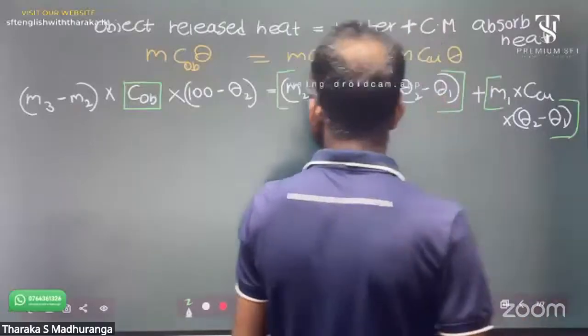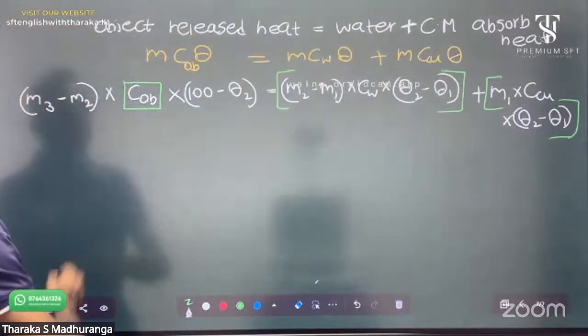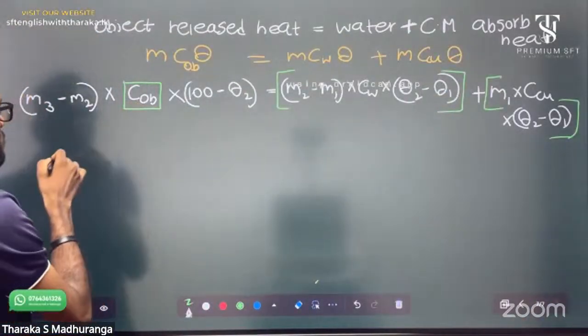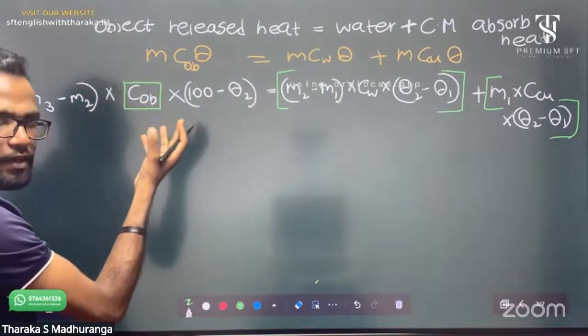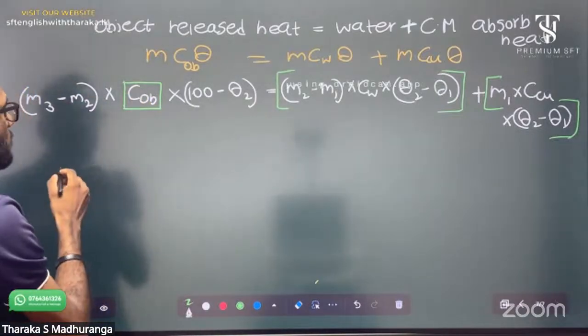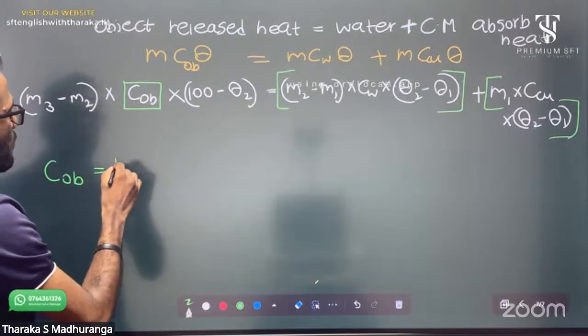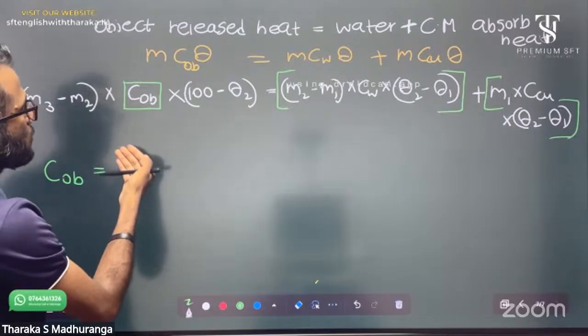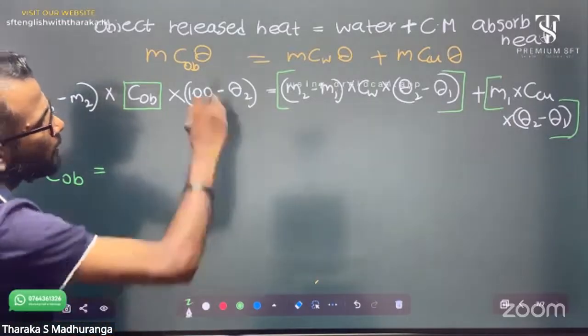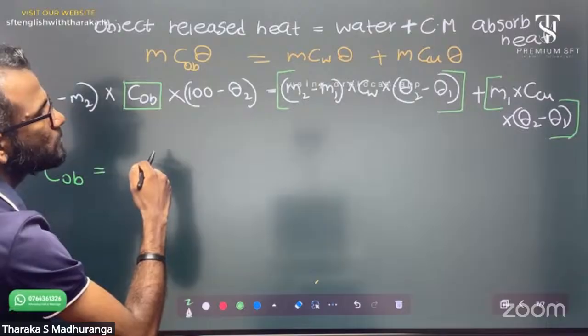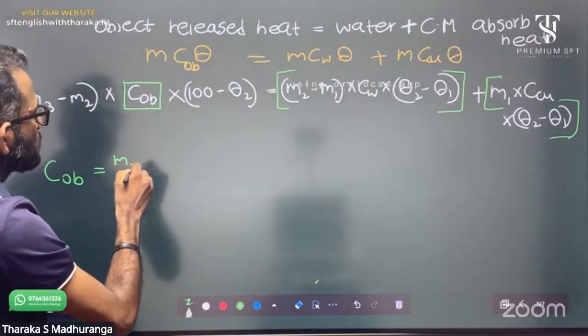Now you can isolate C object, the specific heat capacity of the unknown substance. C object is equal to the sum of those terms divided by the object's term.